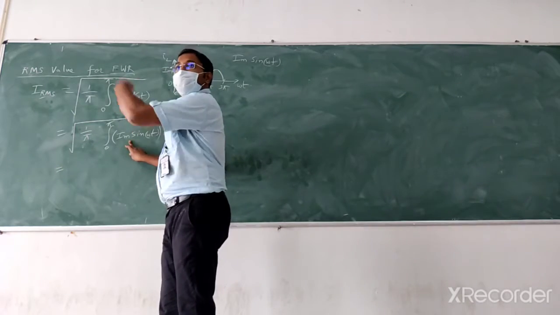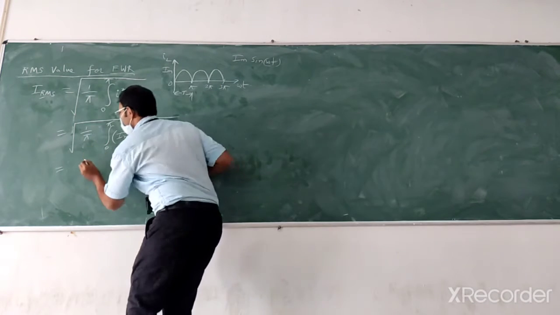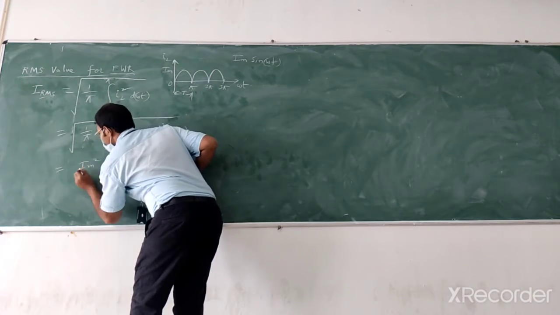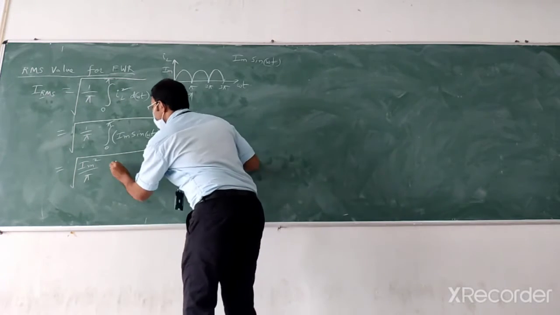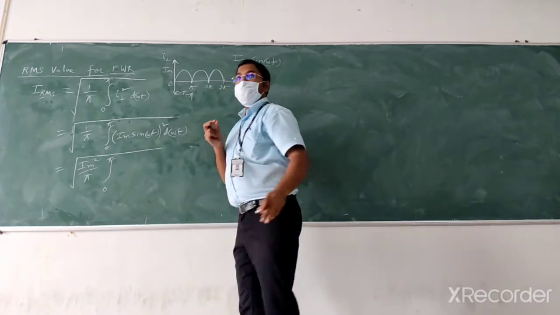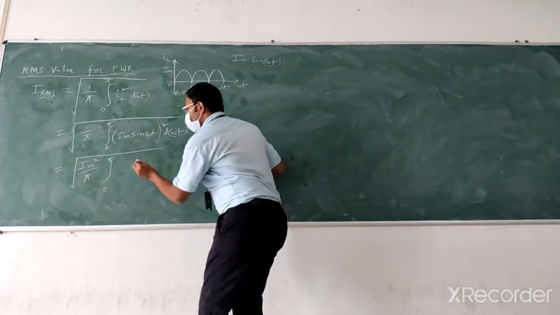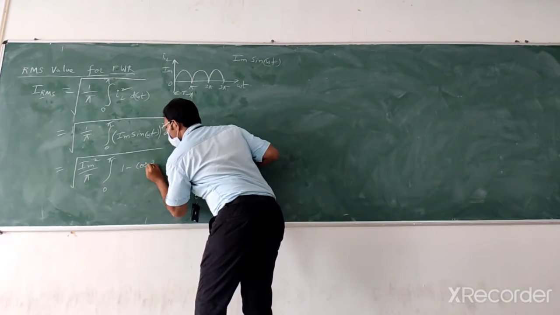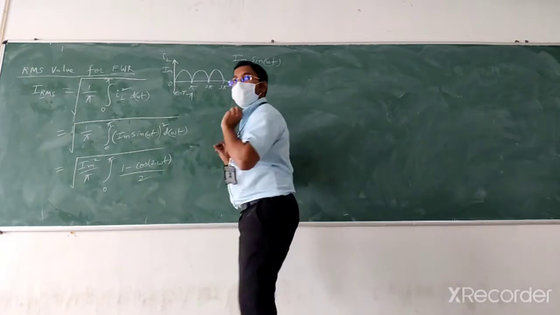Next, we can bring out the Im square: Im square by pi, then integral 0 to pi of sine square omega t. How can we write that? It is 1 minus cos 2 omega t by 2.